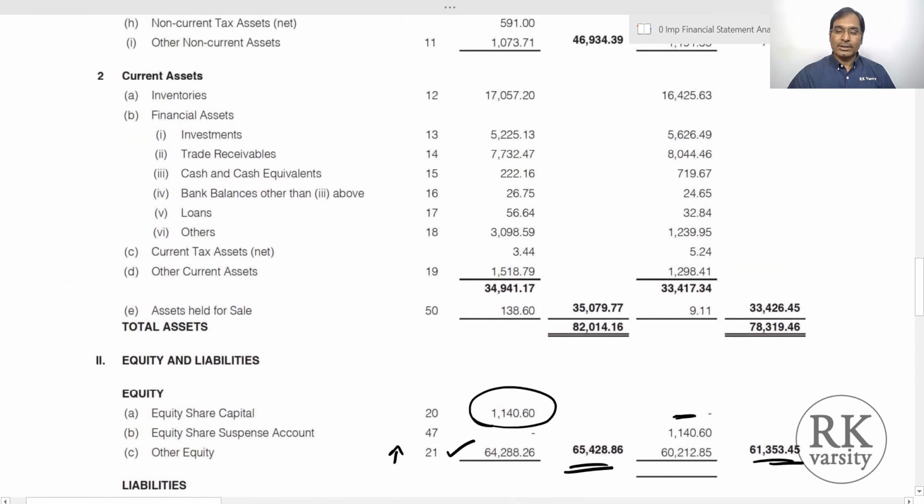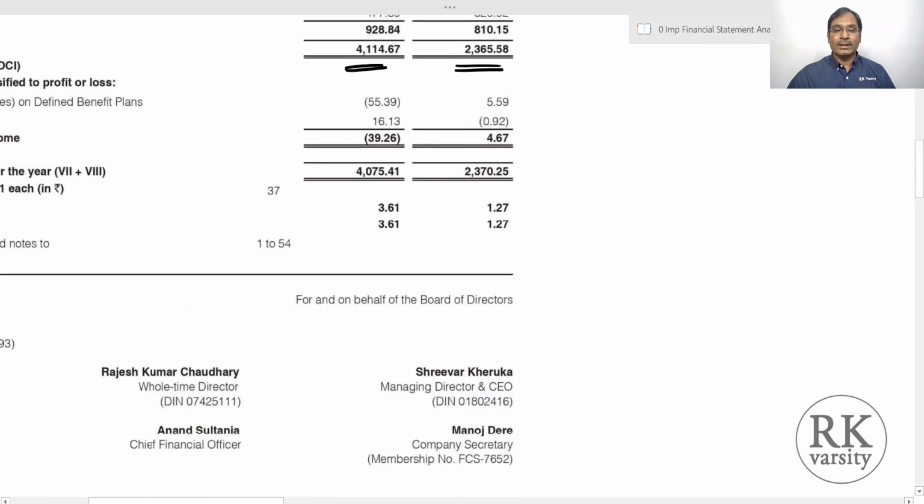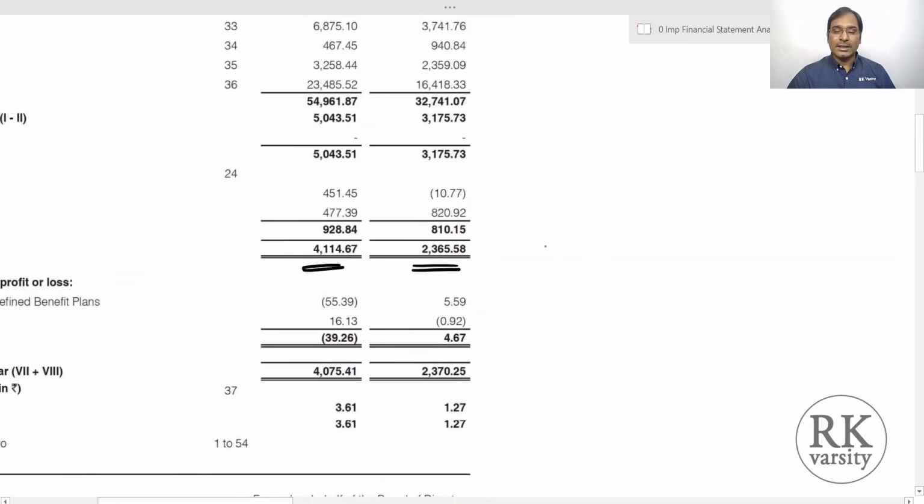So you need to calculate the return on total equity only for one financial year, because in 2019 there is no equity share capital. So your return on total equity we will calculate only for the financial year 2020.